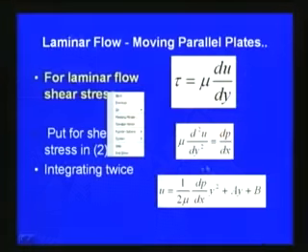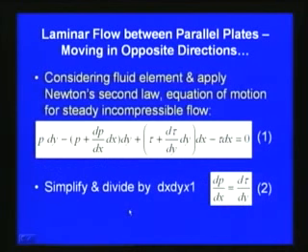If we put it back in the earlier equation, dp by dx is equal to d tau by dy, we get mu into d square u by dy square equal to dp by dx.